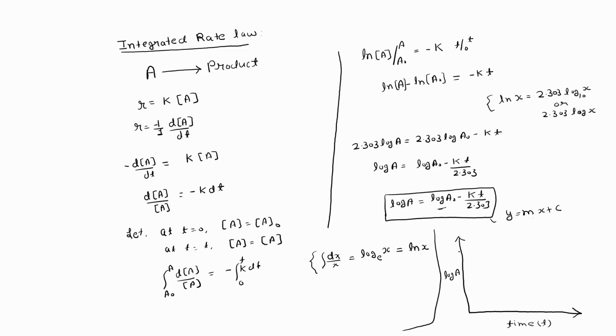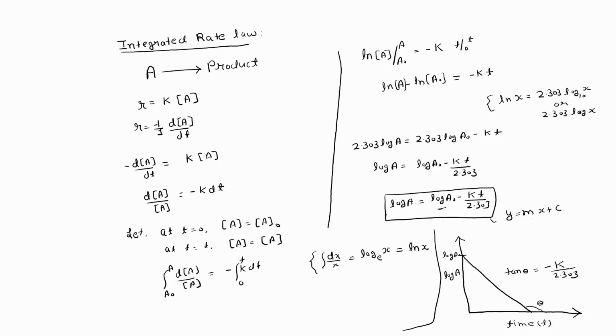So with the negative slope, the graph should be like this. The intercept will be log A naught, and the slope, if this is your theta, then tan theta will be minus k upon 2.303.